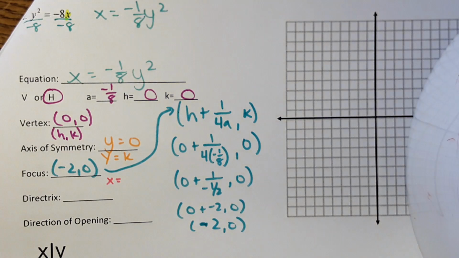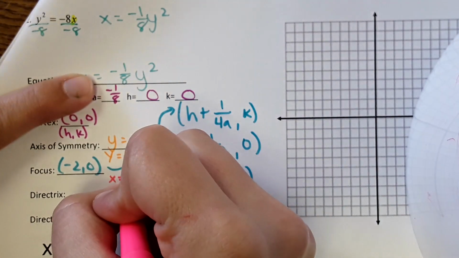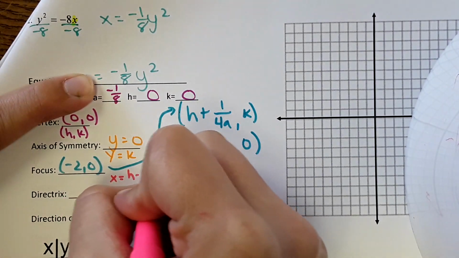Okay, so then directrix, again, I'm just taking it off the chart. x equals h minus 1 over 4a.